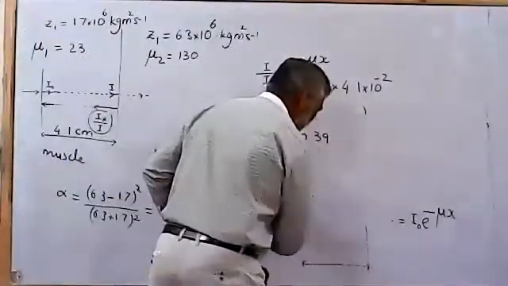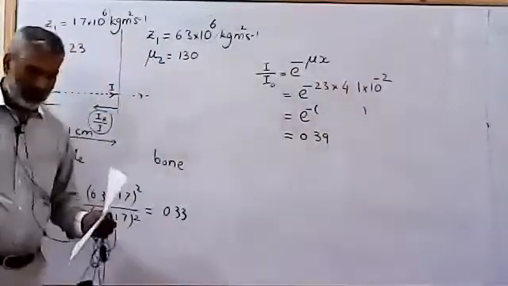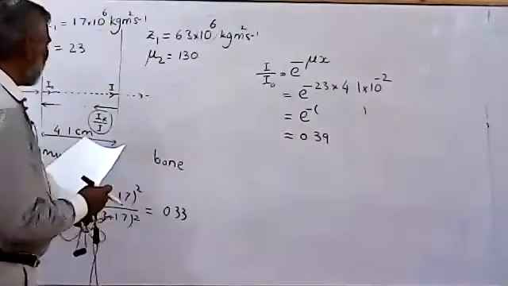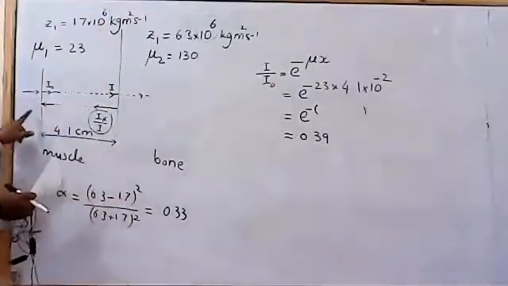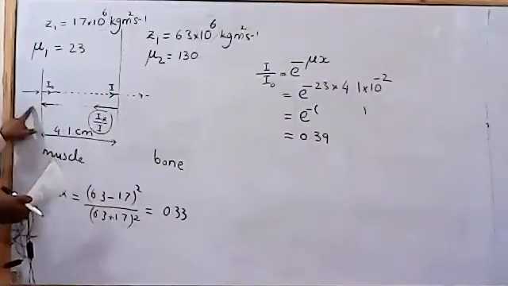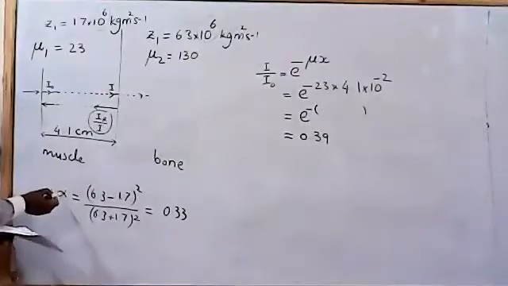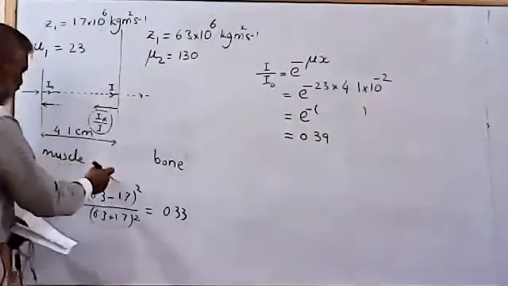So let's have a look at this. This is the last part of this question. What is the intensity that is reaching the surface of the muscle? First, I have calculated the fraction of the intensity reflected at the muscle bone boundary.